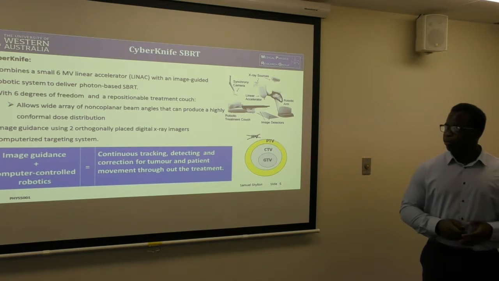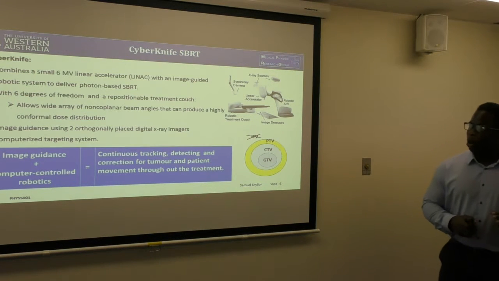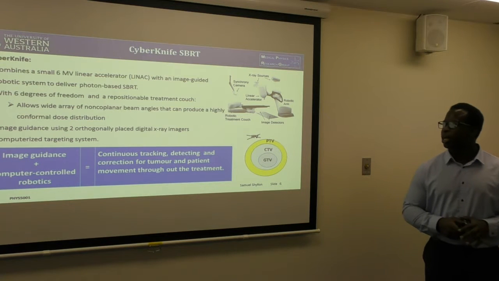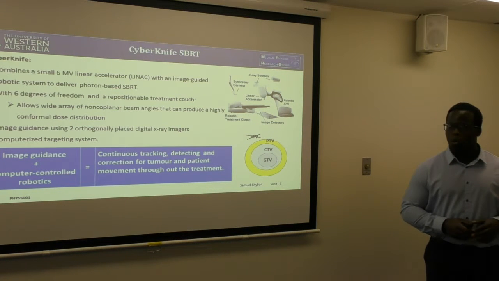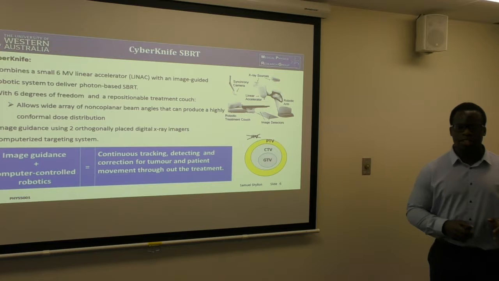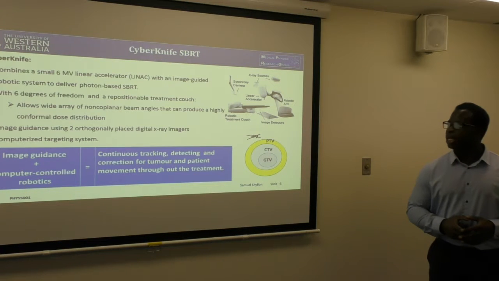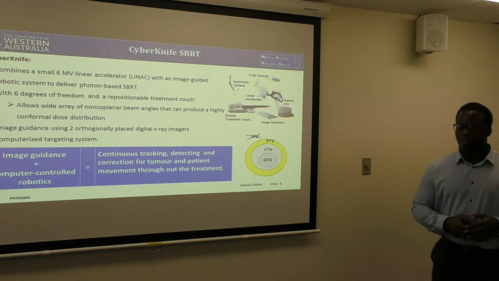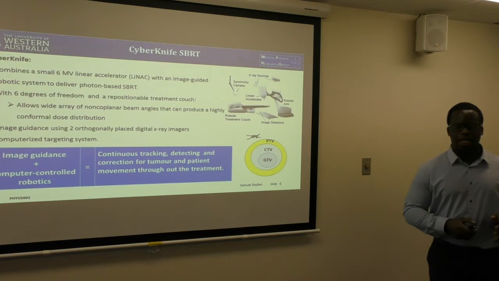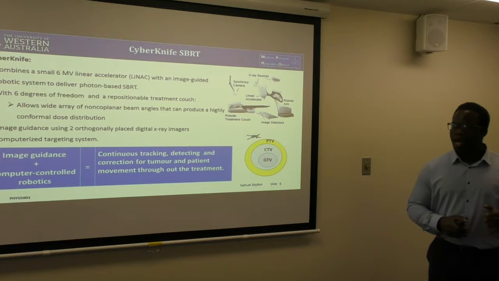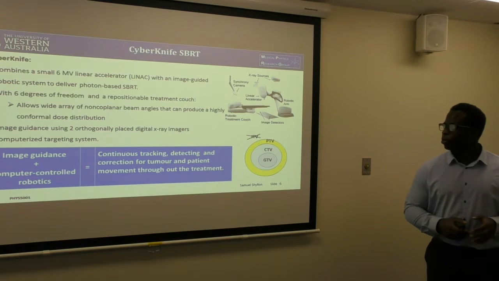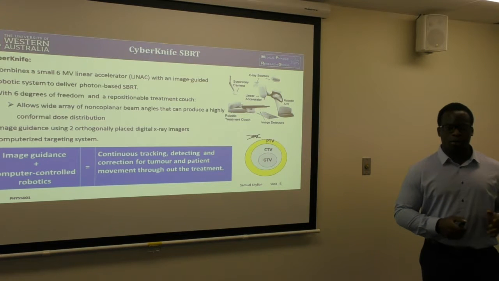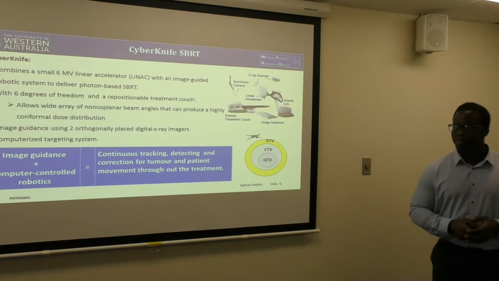So what is CyberKnife? CyberKnife combines a small 6 megavolt linear accelerator with an image-guided robotic system to deliver photon-based SBRT. It has 6 degrees of freedom and a repositionable treatment couch that allows for a wide array of non-coplanar beam angles, which allows for highly conformal dose distributions to be achieved.